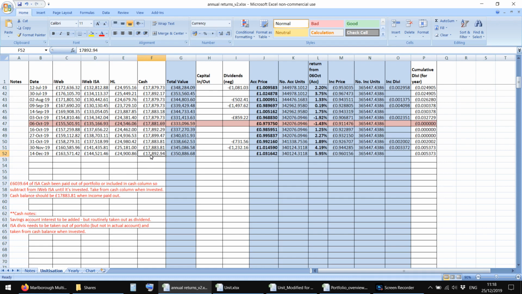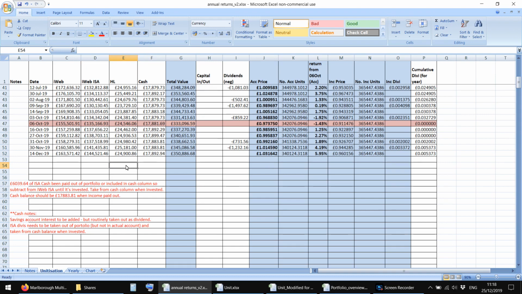So I see the rest of this cash as money that if an opportunity arose, I would invest. That's 17,892. It's actually 17,883 because at some point I'll pay out the interest that's been added here, because at this latest valuation point, I haven't paid myself any dividends yet.